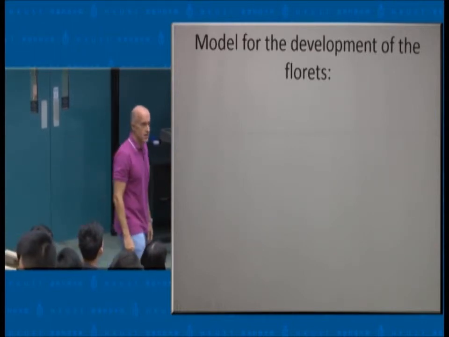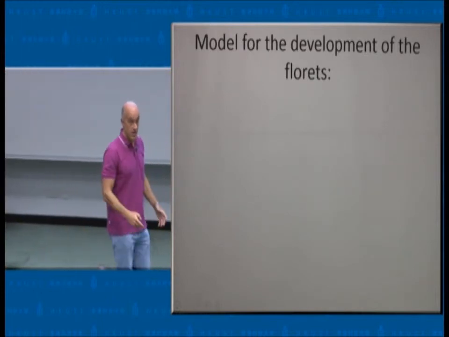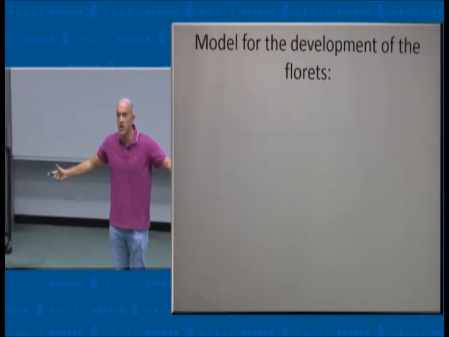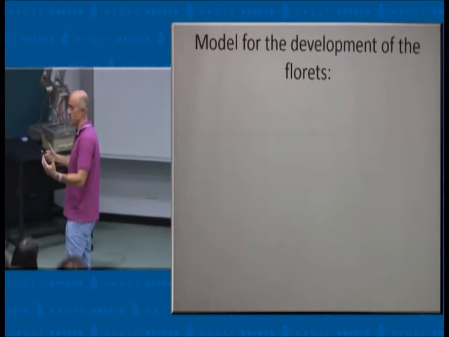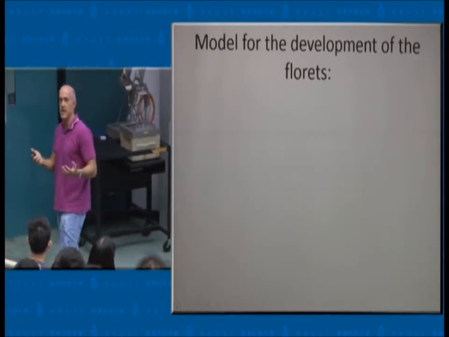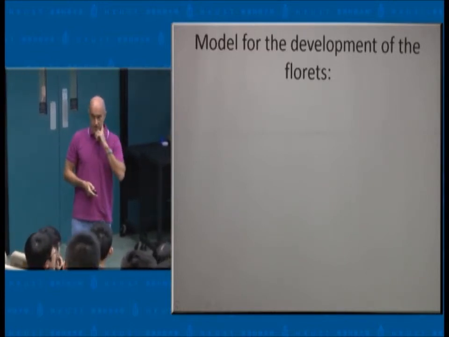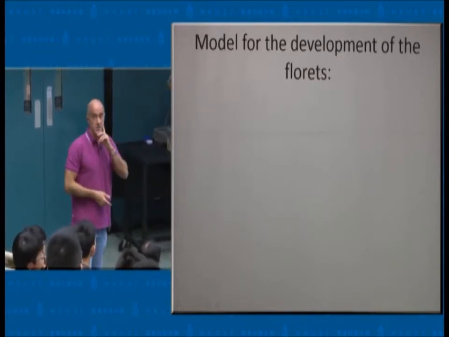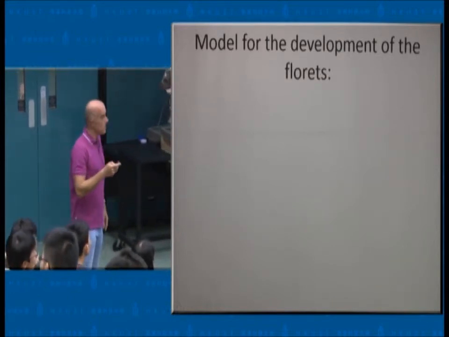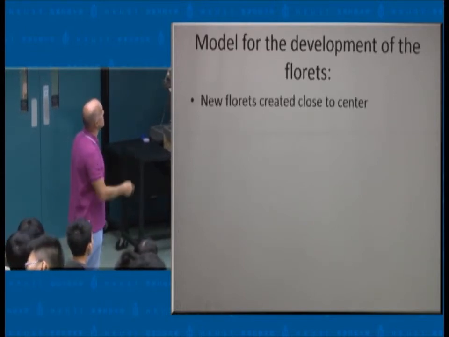OK, so I'm going to make a model of a sunflower, the growth of a sunflower head, to try to give you an explanation of why we're getting Fibonacci numbers in the counts of the spirals. Okay. So it's a very simple model, just to get the main idea across. Okay.